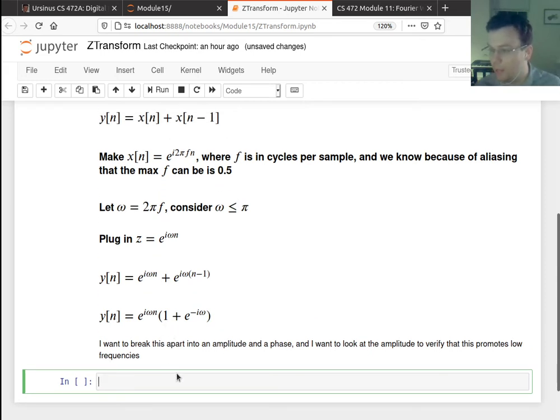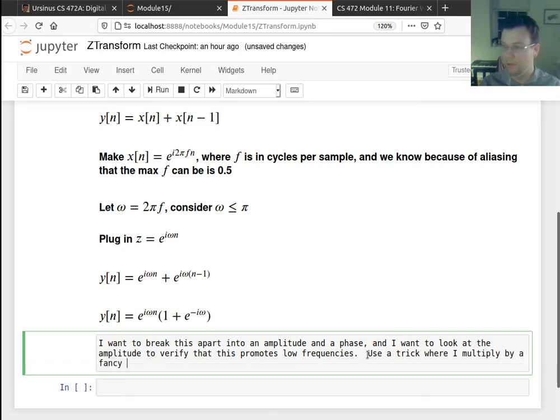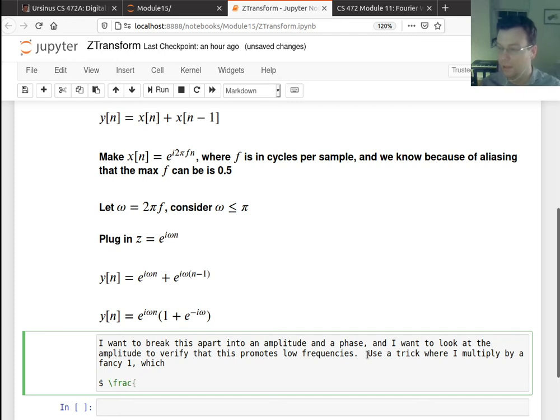So what I'm going to do is use an algebraic trick. I'm going to multiply by a fancy 1, which in this case is going to be something over that same thing.